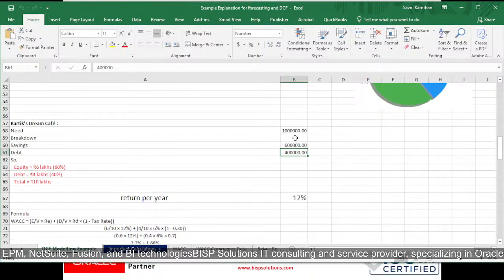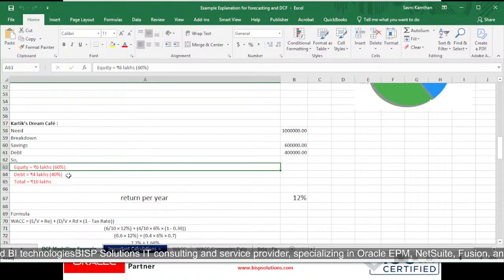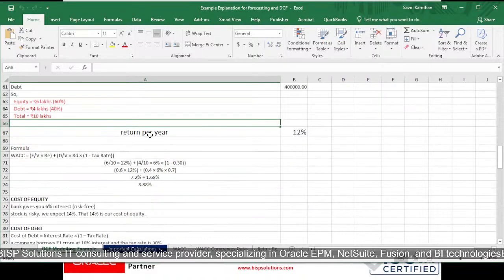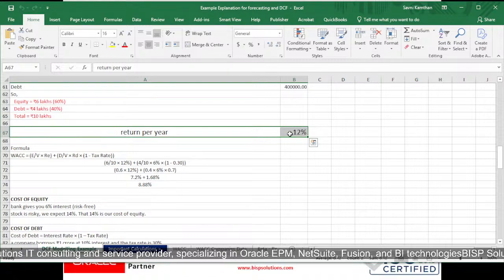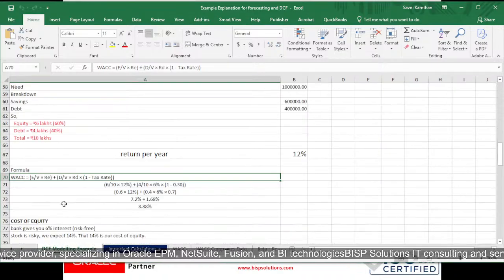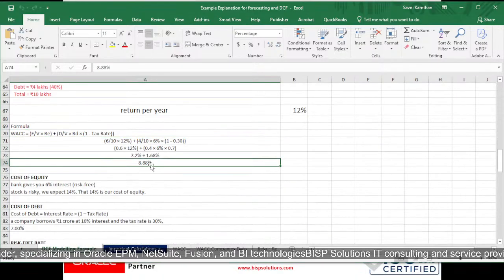In total that comes to 10 lakh rupees. So equity is 60% and debt is 40%, and the return per year he is expecting is around 12%. If we put our values in the formula, we get 8.88%.